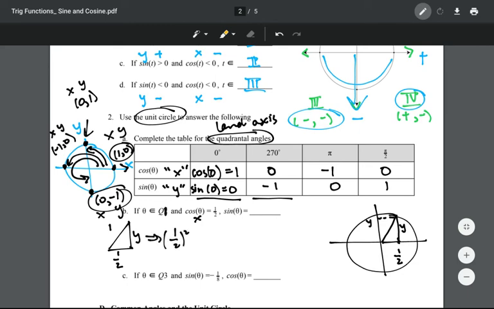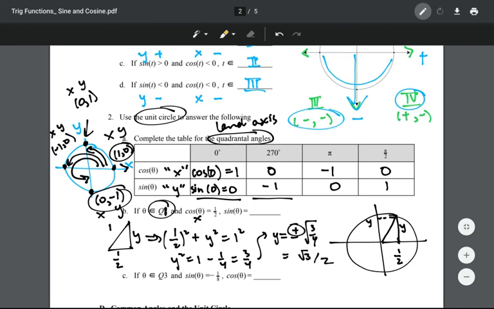So I've got 1/2 squared plus y squared equals 1 squared. So y squared is 1 minus 1/4, which is 3/4. So y is plus or minus the square root of 3/4. I'm in quadrant 1, so I'm going to choose the positive y, and I get radical 3 over 2. So sine is that y that we just solved for. So sine is radical 3 over 2.